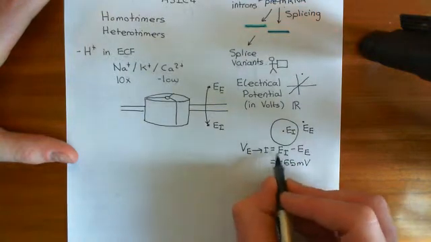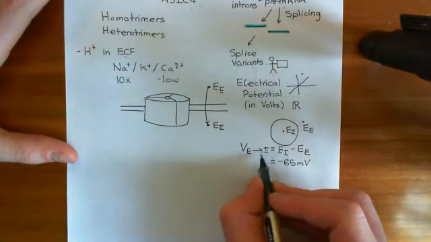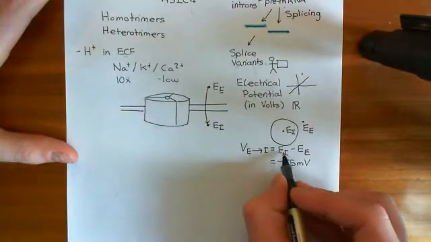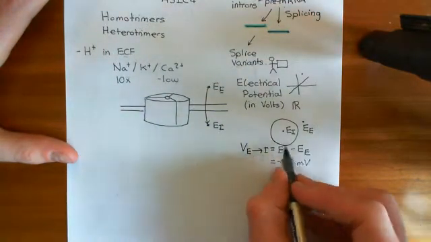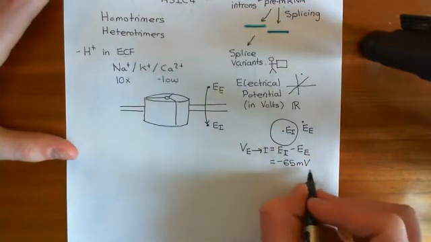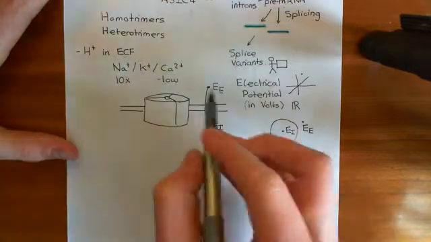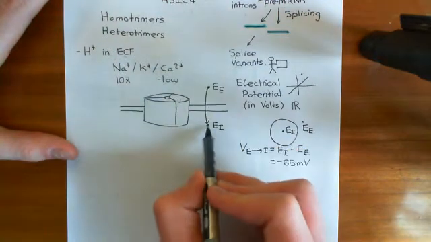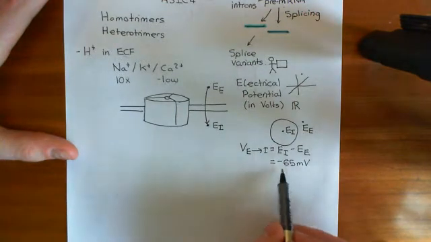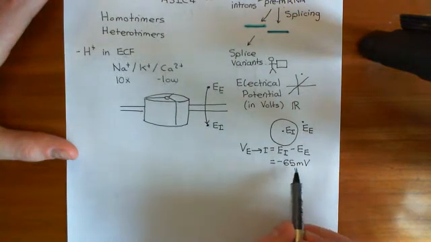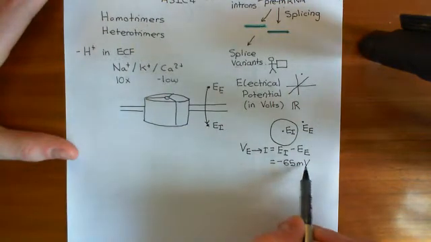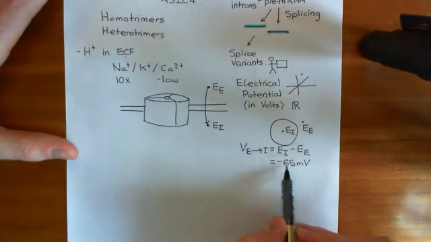Now, of course, the electrical potential difference will have the same units as electrical potential because we're just taking one electrical potential from another, so it's going to have the same units. So what does this mean? This means that if you move from the extracellular to the intracellular compartment, the change in electrical potential that you will feel is negative 65 millivolts, which means that you go down in electrical potential by 65 millivolts.